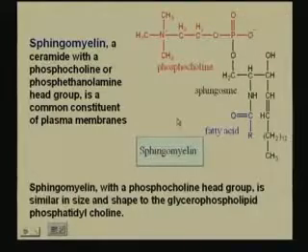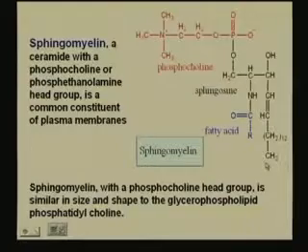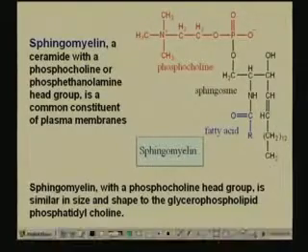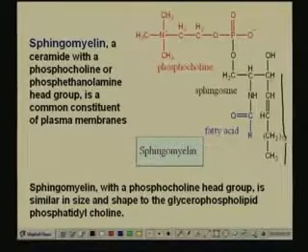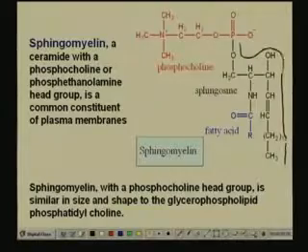Okay. So, what did we have? You recognize the basic structure of the sphingosine now? This is the basic structure of the sphingosine, the one in black. This is the long carbon chain that you had. Okay. So, this is the sphingosine moiety.